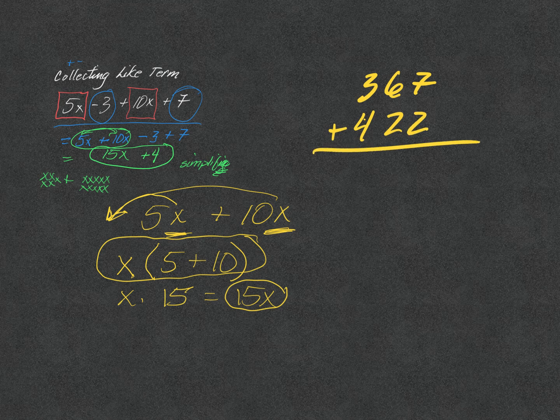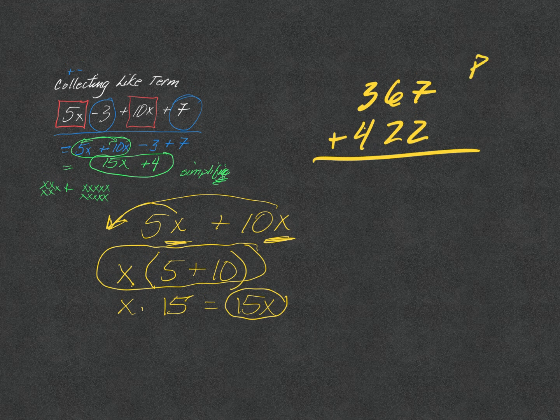Now, you and I line numbers up like this because they have the same place value. And when we add, we take 7 plus 2, 6 plus 2, and 3 plus 4, and we get the answer 789, and that would be correct.